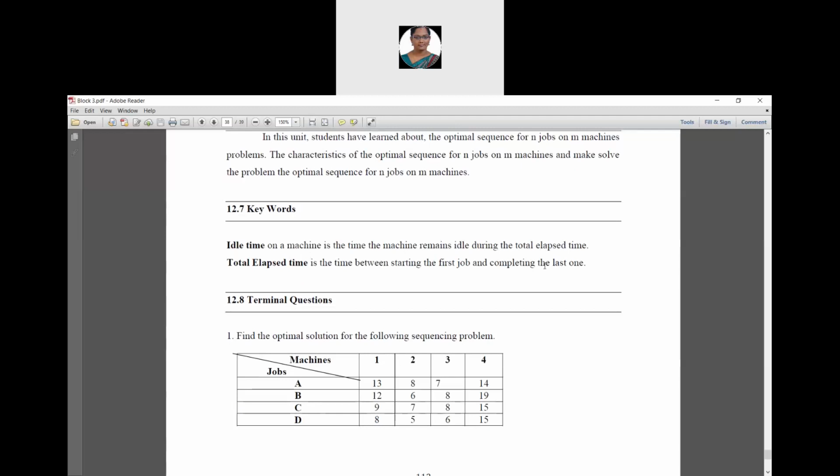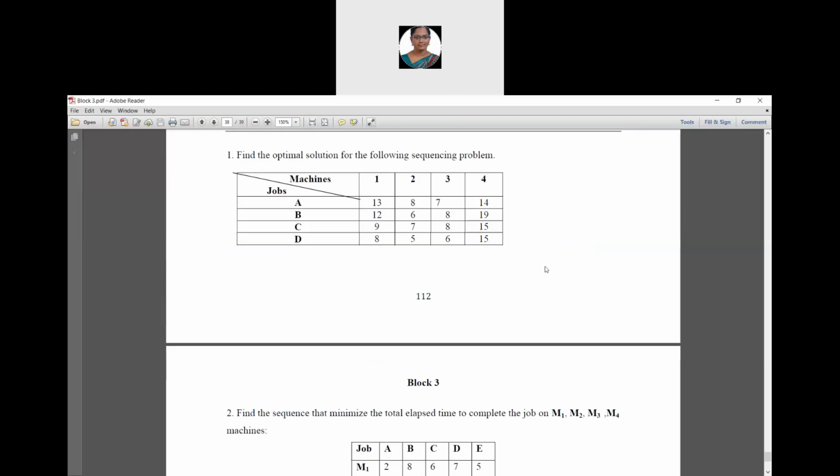Total elapsed time is nothing but the time between starting the first job and completing the last one. And ideal time on a machine is the time that the machine remains idle during the total elapsed time. Okay, and they have given some terminal questions for you.